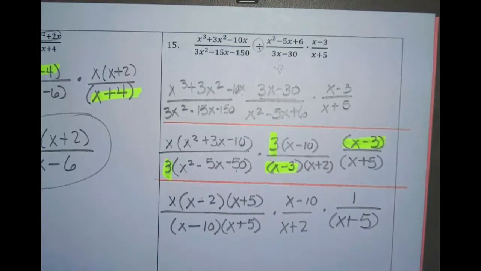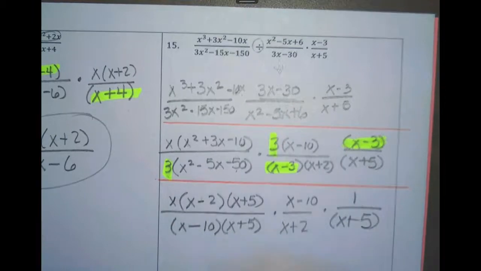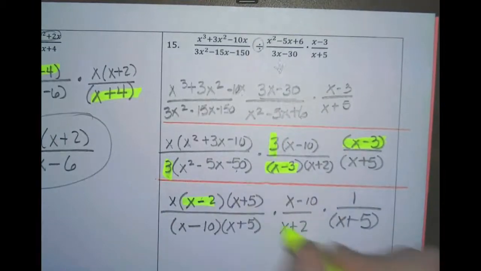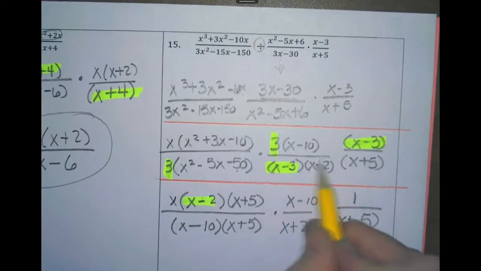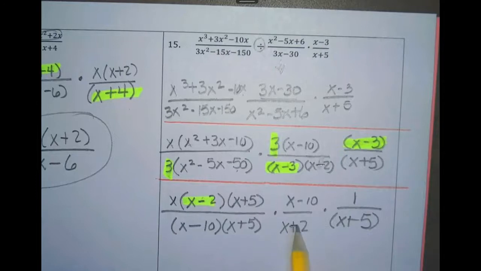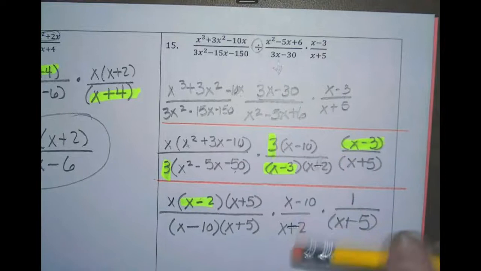Let's see what else will cancel out. The x minus 2 should, right there, let me back up. Right here in this step, this should have been a minus 2. This should have been a minus 2, and it is not a plus 2.